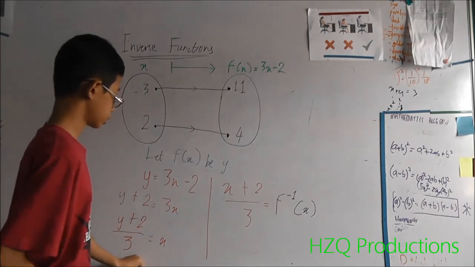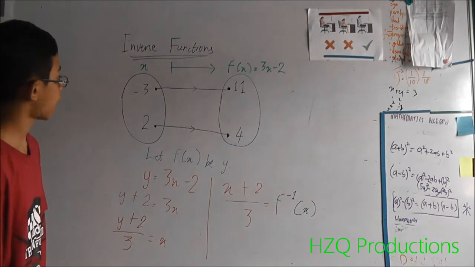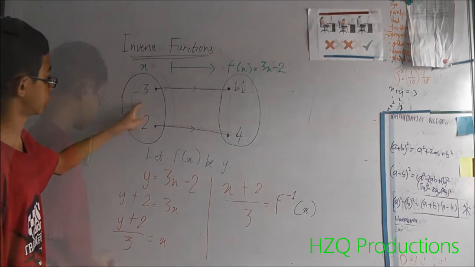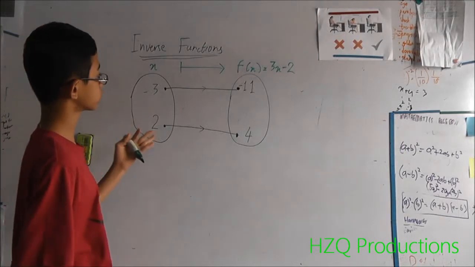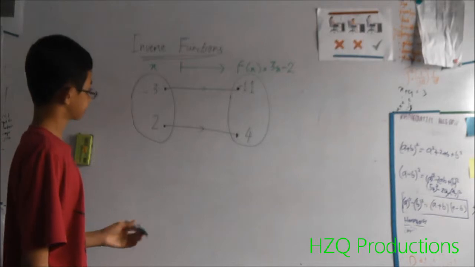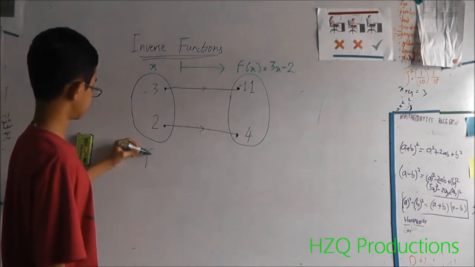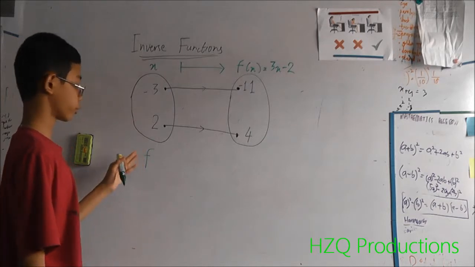Okay? So with this, we're going to test how we get to negative 3. So now we've already got an equation for finding the inverse function. This is not the formula for all questions.